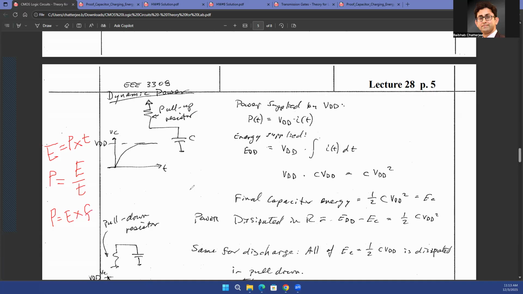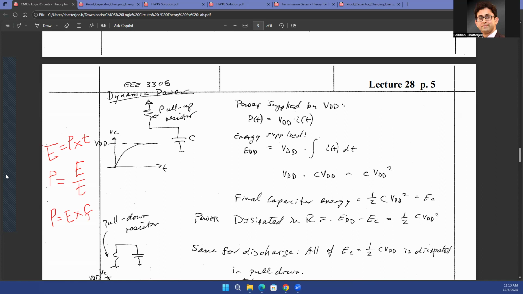Because you know that the charging energy is half CV squared and the discharging energy is half CV squared, the power during charging or discharging is half CV squared times F. This is something you may have heard in other classes, that for digital circuits, the power consumption is half CV squared F during each charging and discharging. That's where the frequency F comes in, because energy is just power multiplied with time.